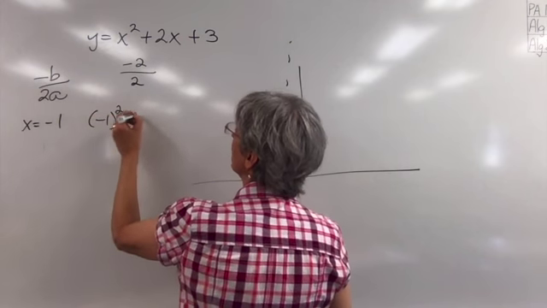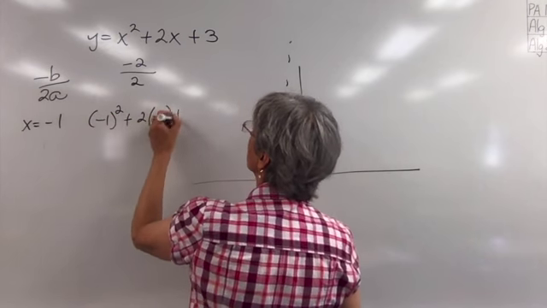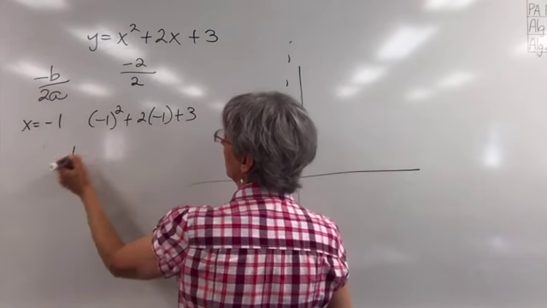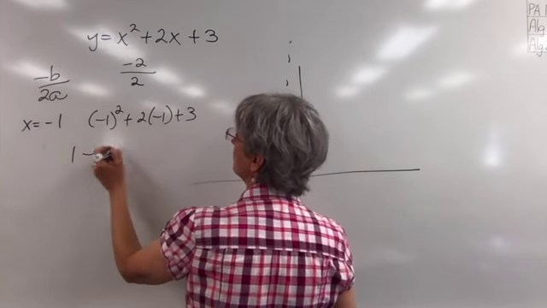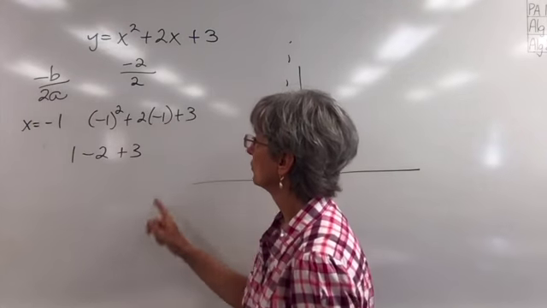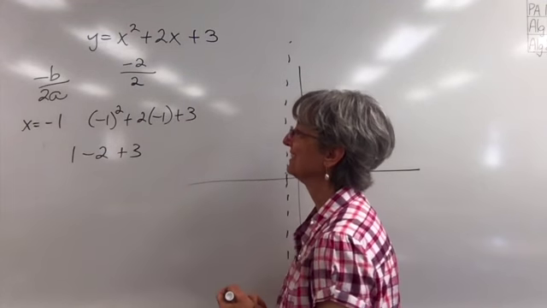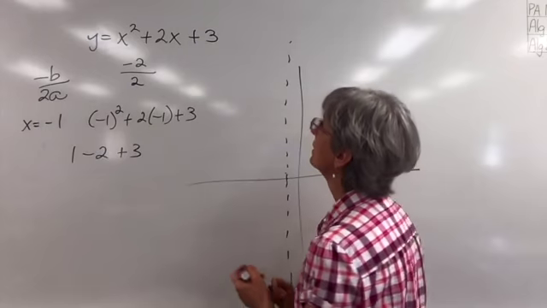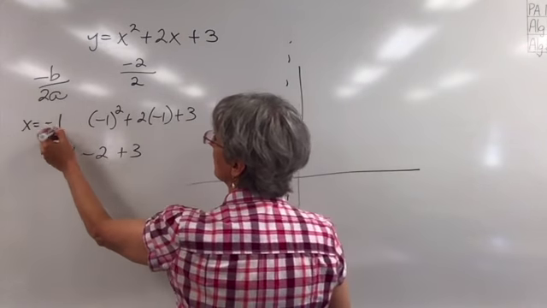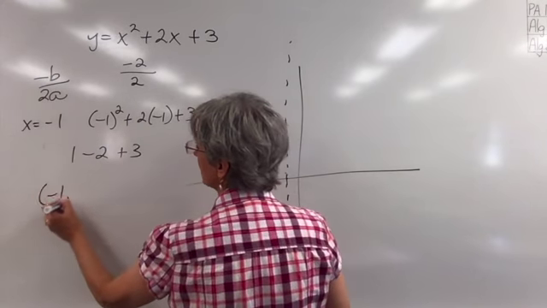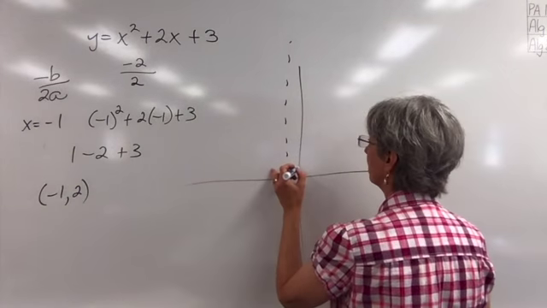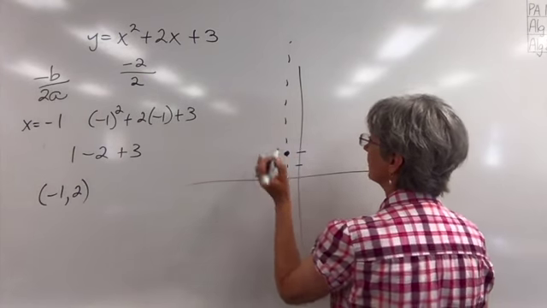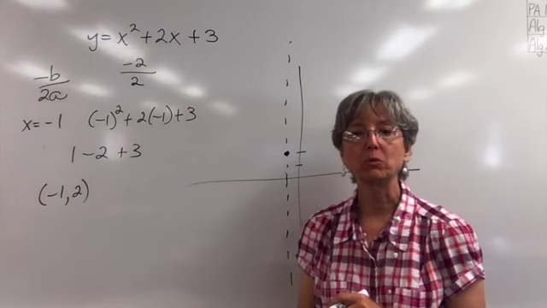Negative 1 squared plus 2 times negative 1 plus 3. So this is 1, this is negative 2, positive 3. So it looks like our y is 2. So our vertex is negative 1, 2. There's our vertex. And we plot that point.